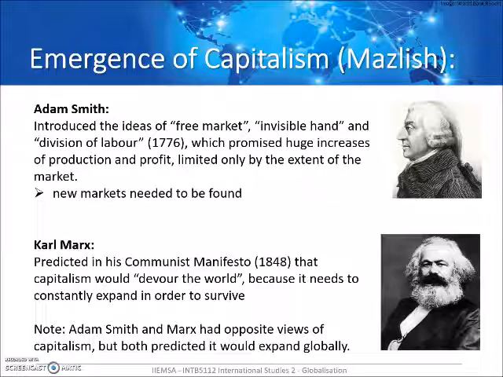But he basically already back then predicted that capitalism would devour the world because it constantly needed to expand in order to survive. So it's quite interesting because Adam Smith and Marx had very opposite views of capitalism, one being a promoter of it and the other one being a harsh critique of it. But they both predicted that capitalism would lead to a global expansion of markets and that it would lead to a globalized world. So as you can see, this was already in 1700 and 1800, right? So it's a while ago.